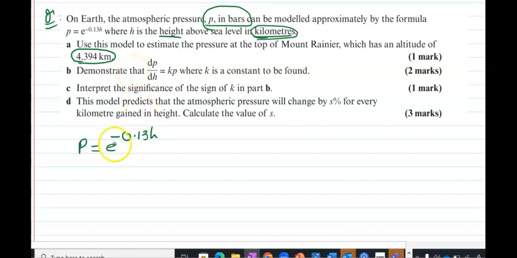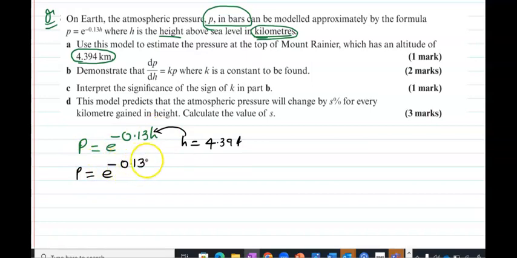Okay, so what will be the first step now? So here height h is 4.394 kilometers, and this h should be replaced here. So P equal to e to the power minus 0.13 times 4.394.